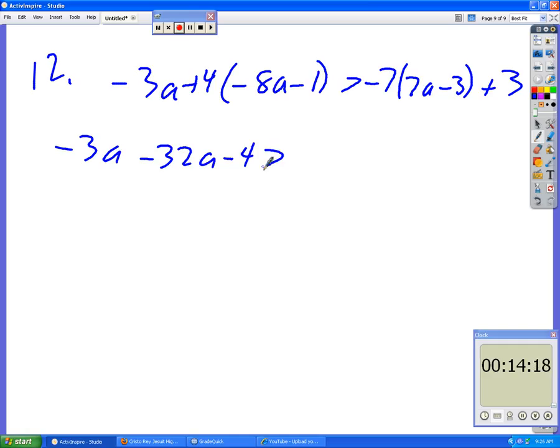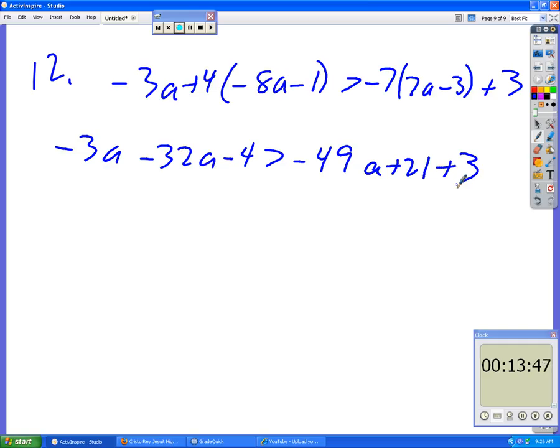Greater than 7 times the parentheses, so I'm going to distribute negative 7 times 7a, negative 49a, and then negative 7 times negative 3, plus 21, plus 3. So the first thing you do is you take and distribute, get rid of all of the parentheses.